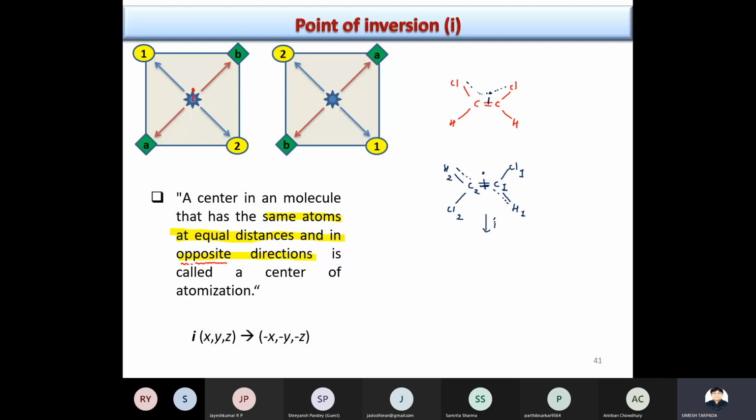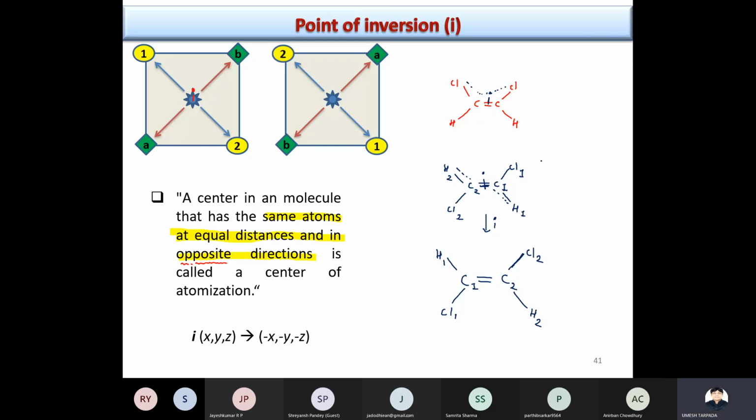If you apply I, you can do this process, called point of inversion I. So here it is C1 and here it is C2. Cl1 is replaced by Cl2 and here it is Cl1. Similarly, H1 and H2 change position. Here it is H2 and here it is H1. So this is called applying symmetry element I.